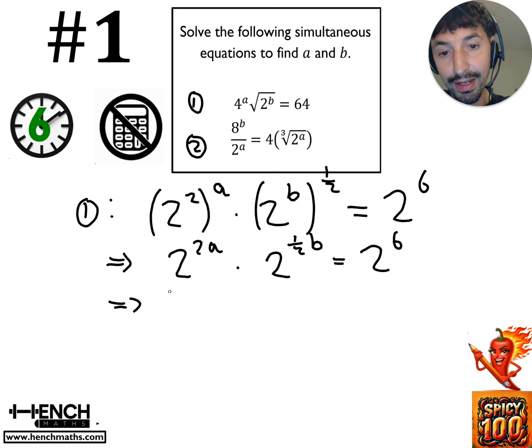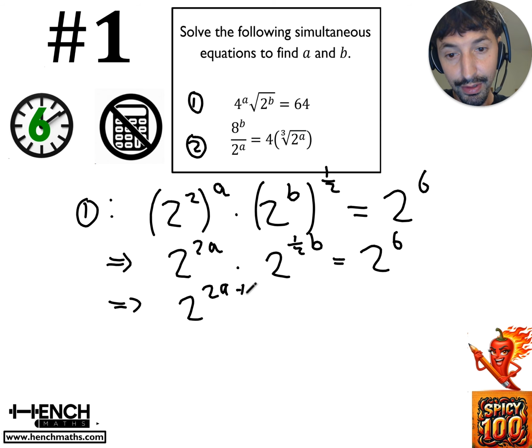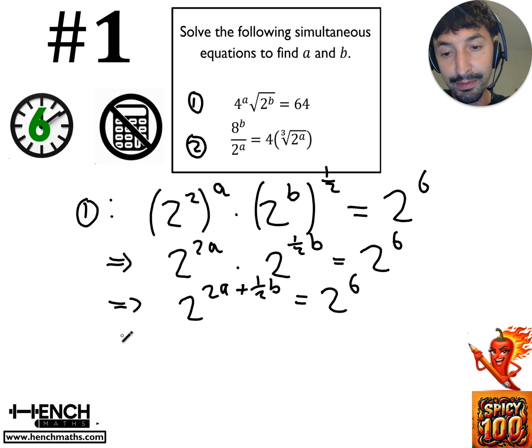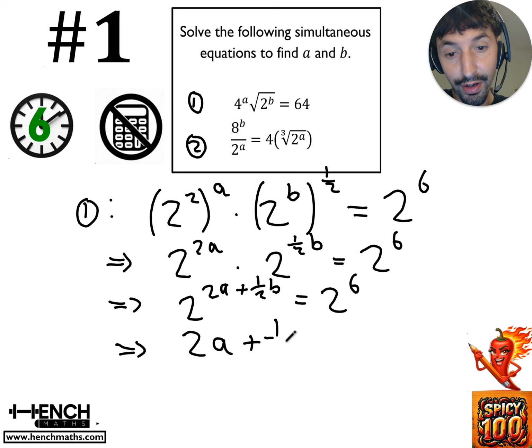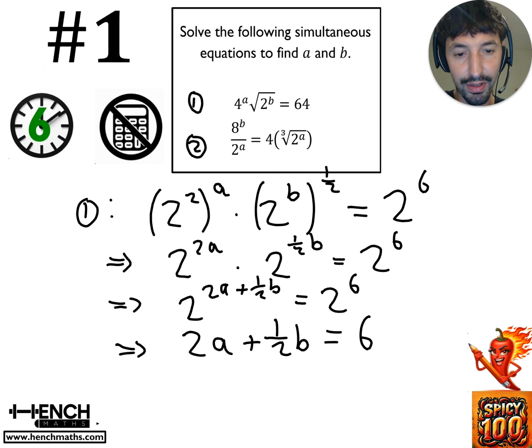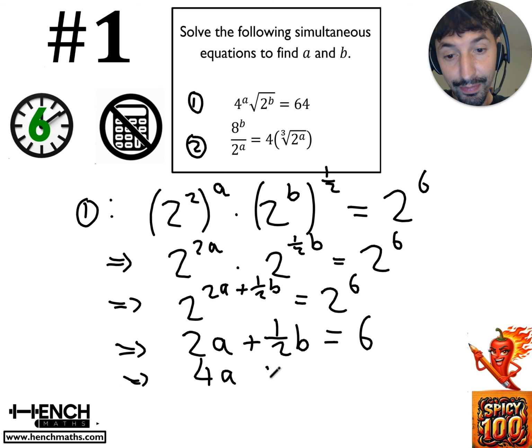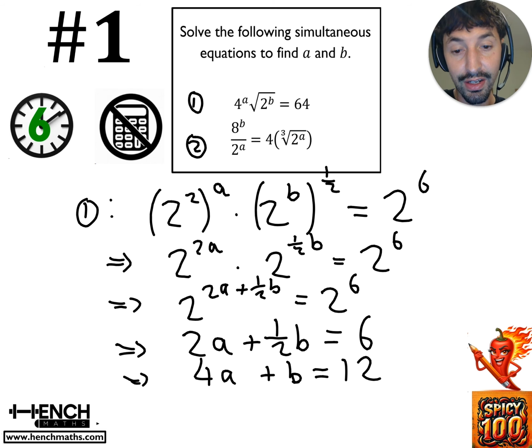We've got multiplication, all with the same base, so we can add the powers: 2a plus half b equals 6. You might be thinking, maybe I don't want fractions, so we could say that 4a plus b is equal to 12. So we've created an equation using the indices.